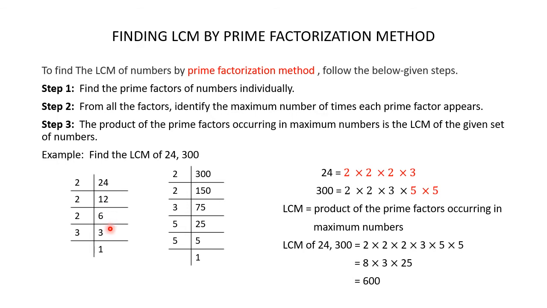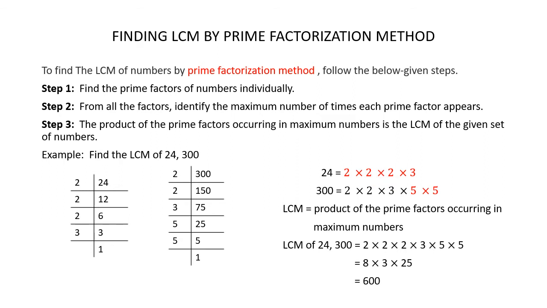Divide 6 by 2, you'll get 3. And divide 3 by 3, you will get 1. So the prime factors of 24 are 2, 2, 2 and 3. So 24 can be written as the product of its prime factors as 24 is equal to 2 multiplied by 2 multiplied by 2 multiplied by 3.